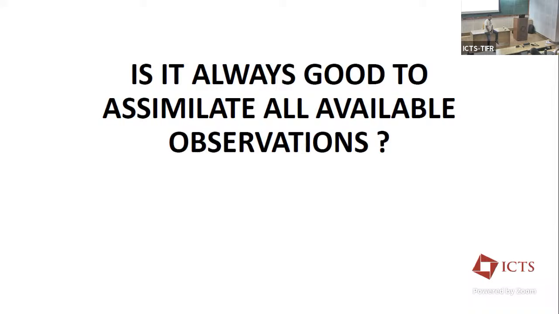What people do, or we also do, is these highly dense observations, we kind of coarse grain it. Coarse grain it in the sense we kind of average it out. We do not take all the observations that the satellite provides.